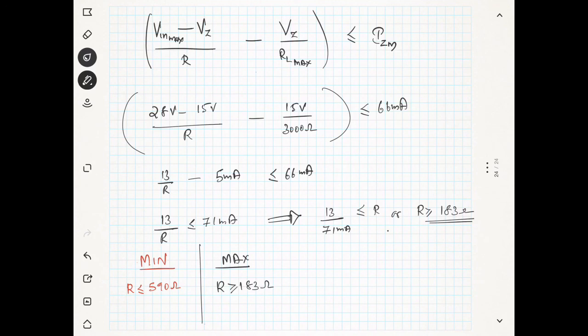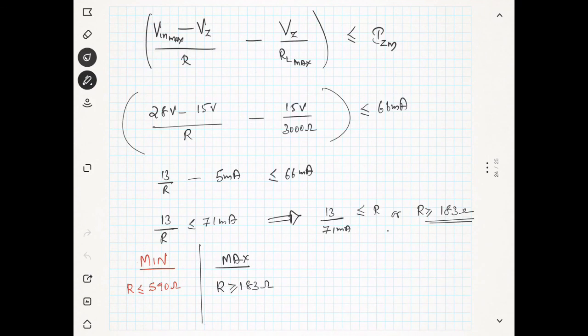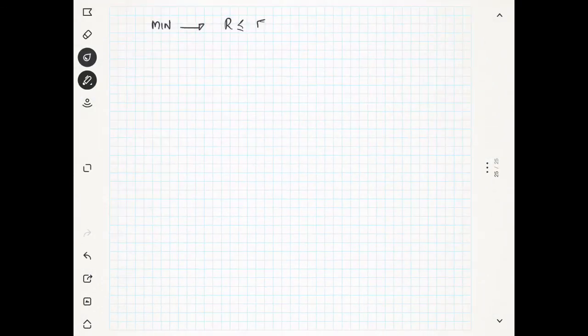So what does it signify? What does it show? So I will write it in the next slide. The minimum condition will give you R should be less than or equal to 590 ohms, and the maximum condition has given you R should be greater than or equal to 183 ohms.